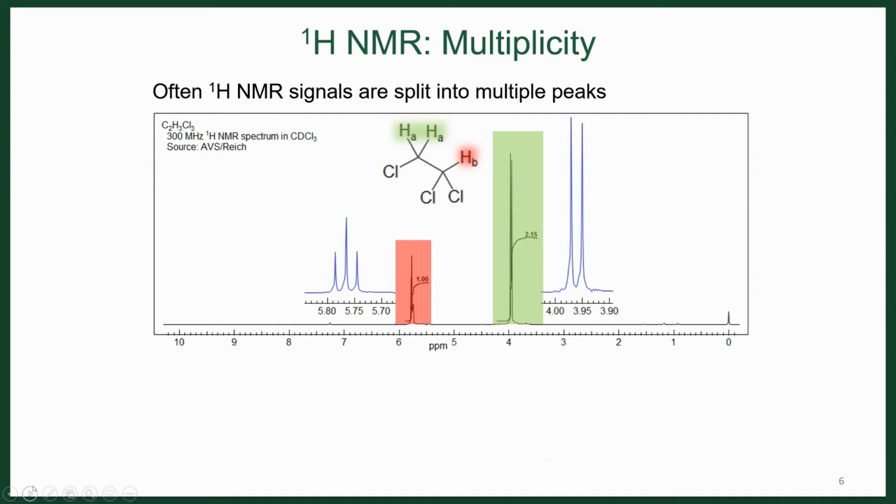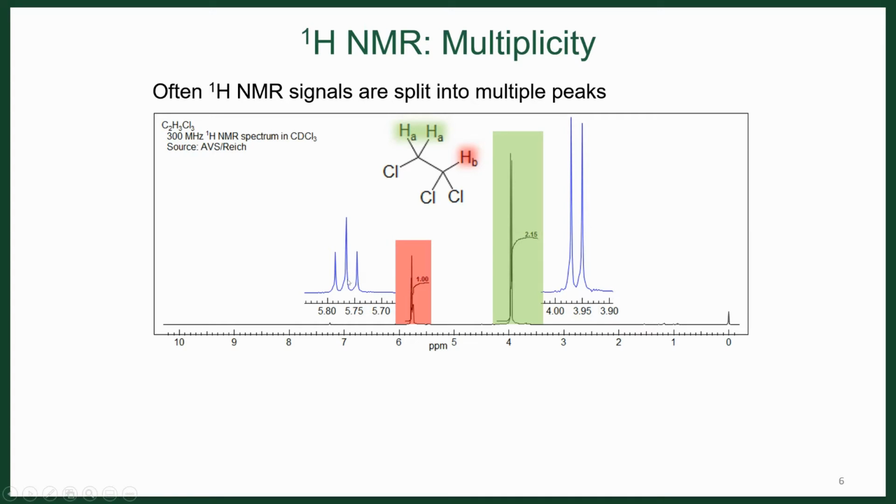Multiplicity gives us a lot of structural connectivity information. And so it represents the number of hydrogen atoms on the adjacent carbon. All right, so our integral values tell us the number of hydrogens on the signal that we're looking at here. For example, this orange highlighted peak here represents this CH peak on this CHCl2 carbon.